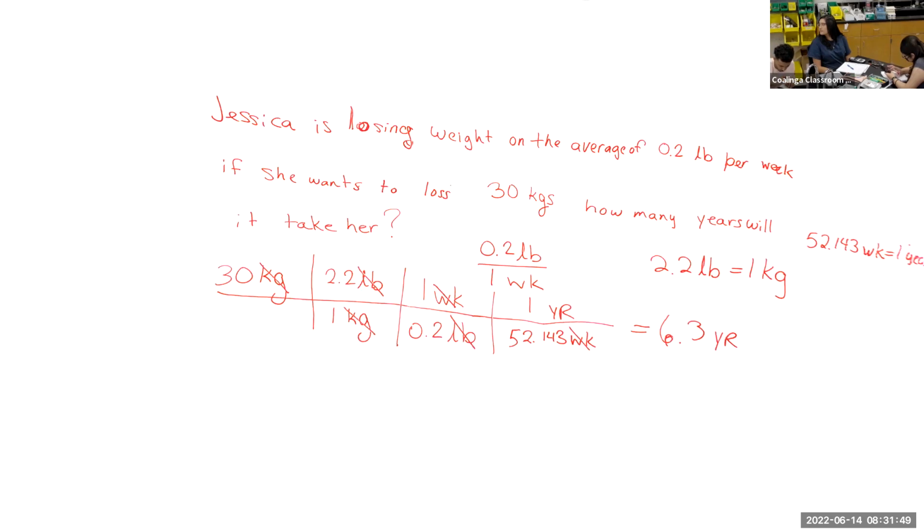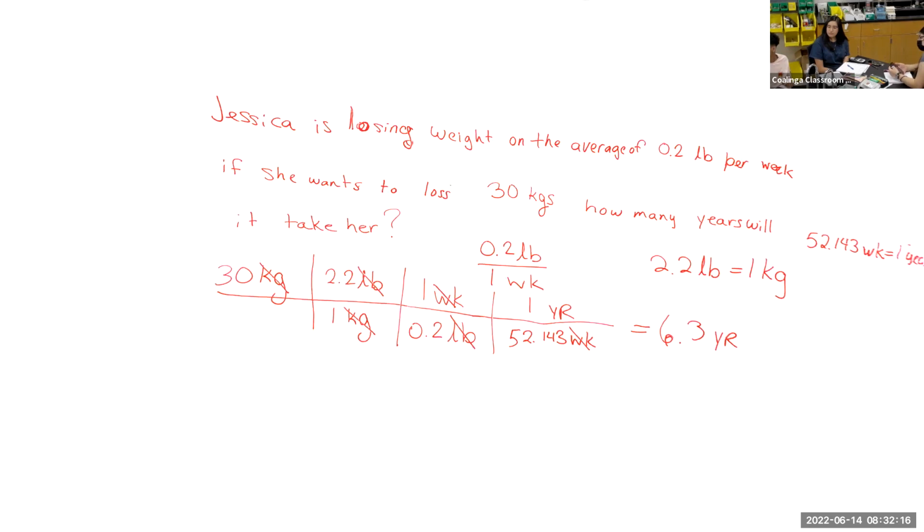And then you also have a goal. What do you want to get to? We wanted to get to years. That was our goal. We want to know the number of years it's going to take her to lose that weight. So we know that we're going to end up at just years. They gave us how much she wants to lose: 30 kilograms.